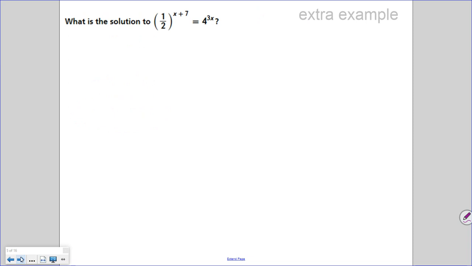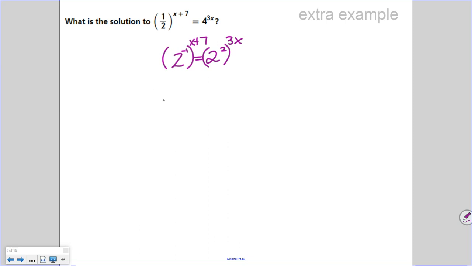Then here is one more extra example you can add in your notes if you want. I've got 1/2 to the x plus 7 equals 4 to the 3x. Now I know that 4 is the same as 2 squared to the 3x. And 1/2, if I want to write it with the base of 2, is 2 to the negative 1, to the x plus 7.